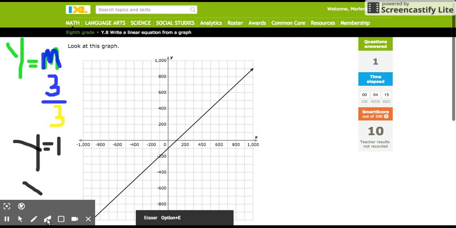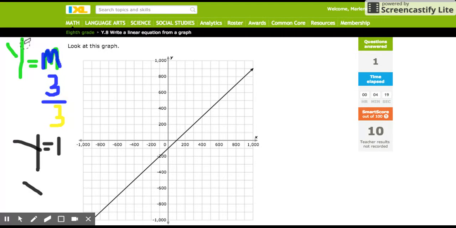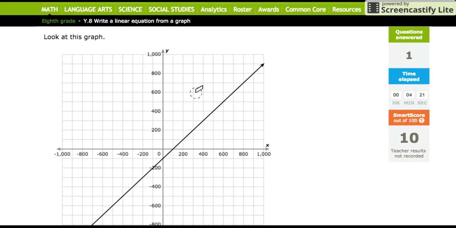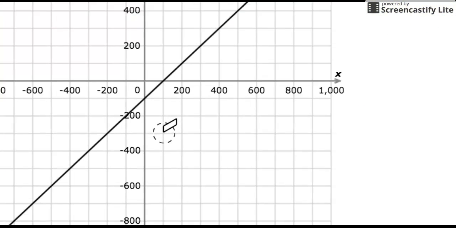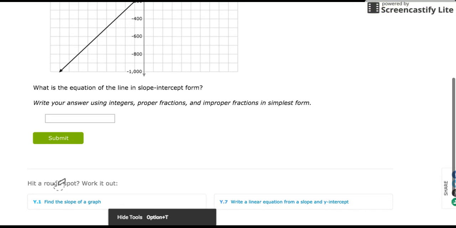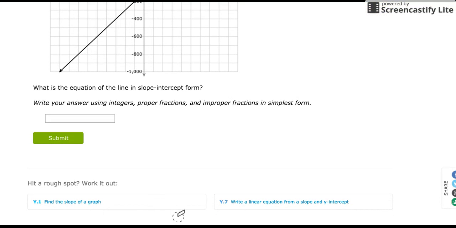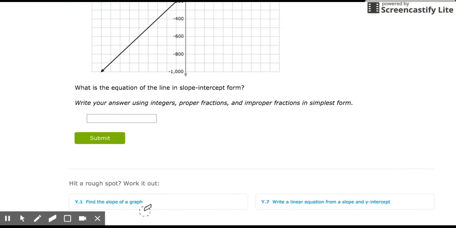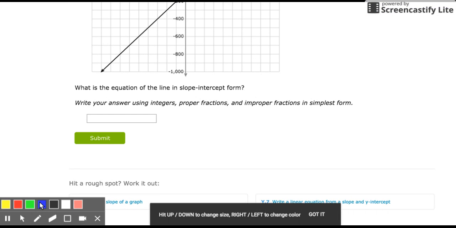All right, guys. So now, I think it's Z. Looking at this graph, where does my line touch the y-axis? So, here we go. Where does my line touch the y?